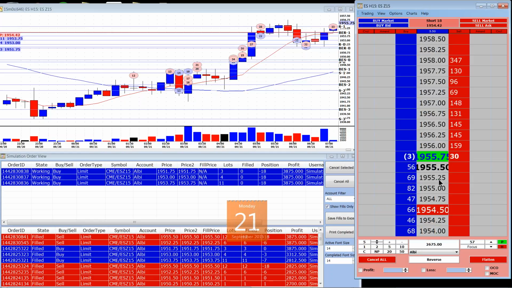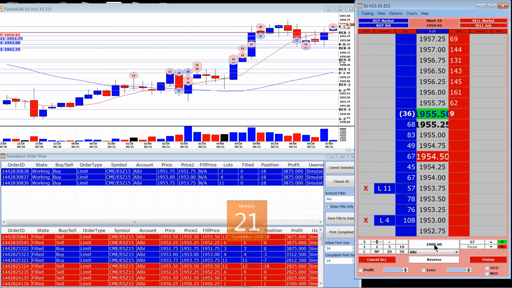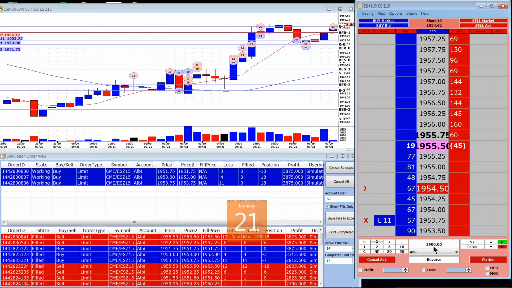How much money we make, or how our position monetarily is shown, is in this little window here. Right now we're up $2,900 from the trading we did since midnight last night. These numbers get zeroed out and start a new tally at midnight.